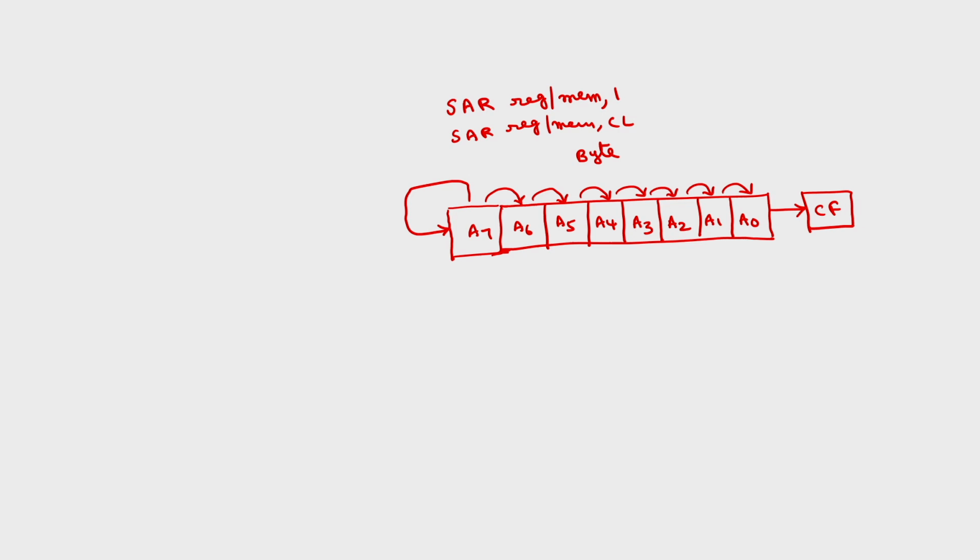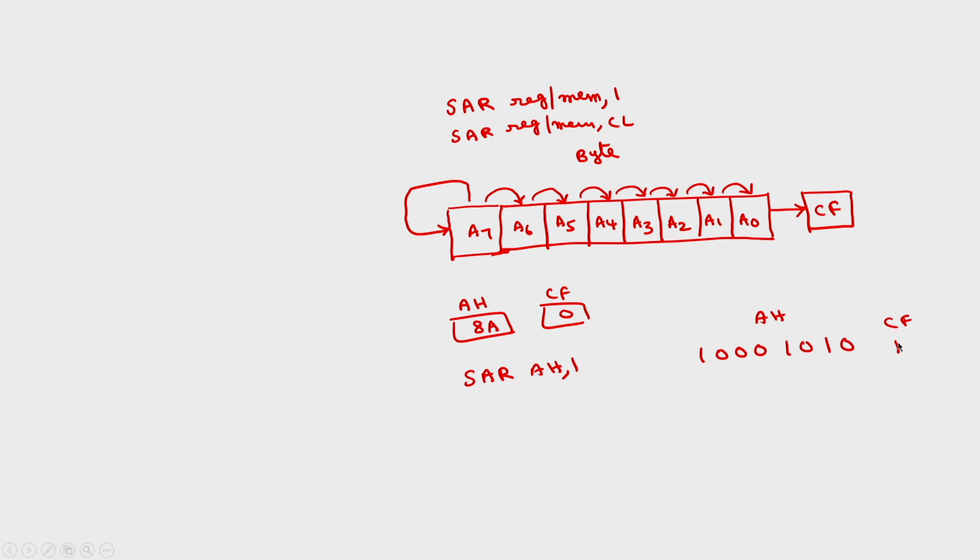If I give an example of this SAR 1, if the contents of AH is say 8AH, and the carry flag is initially reset, say if I write SAR AH comma 1, what will be the contents? 8 will be 1000, A will be 1010, the carry flag is set, this is AH, this is before the instruction.